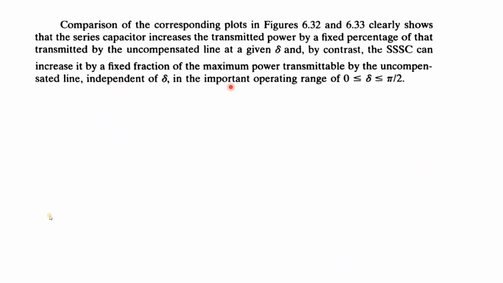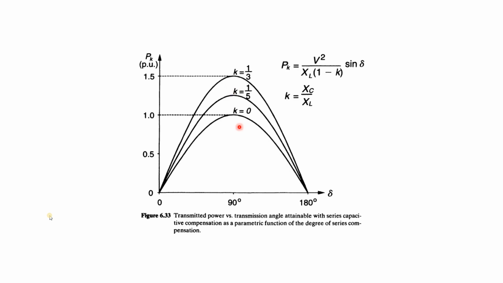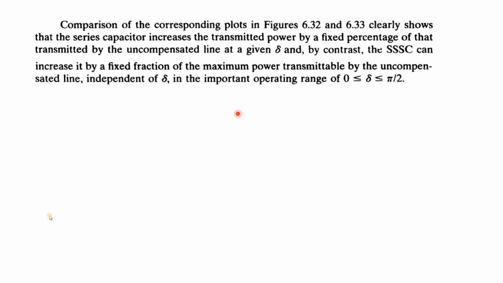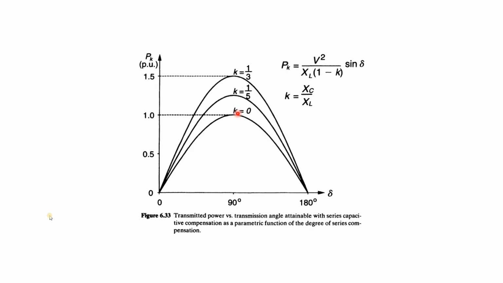The comparison of these corresponding plots clearly shows that the series capacitor increases transmitted power by a fixed percentage of that transmitted by the uncompensated line at a given delta angle. That means this is the case where the power is not compensated.